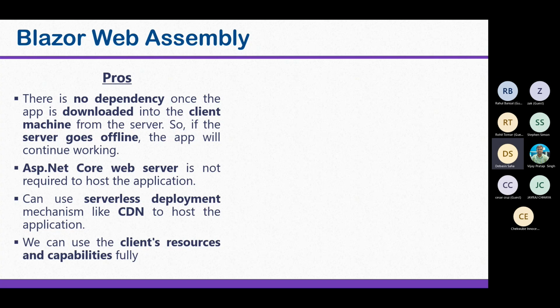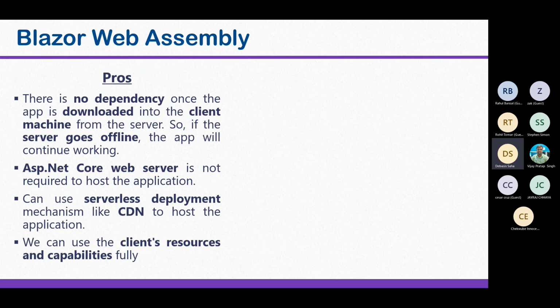And in this case, we are not majorly dependent on server side resources. We are majorly dependent on client side resources and capabilities. Obviously, as per the application's capability, the related client resources are required. As we have said, WebAssembly depends upon the WebAssembly functionalities, and the browser needs to support WebAssembly.